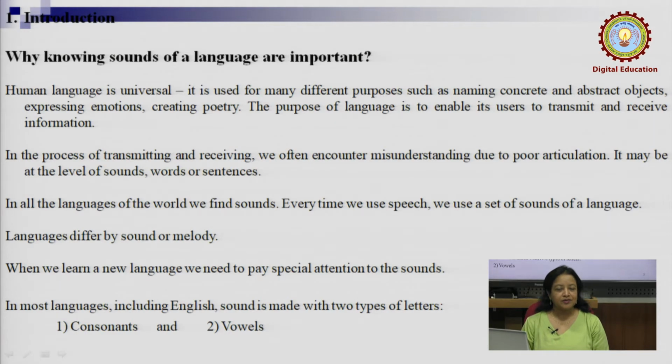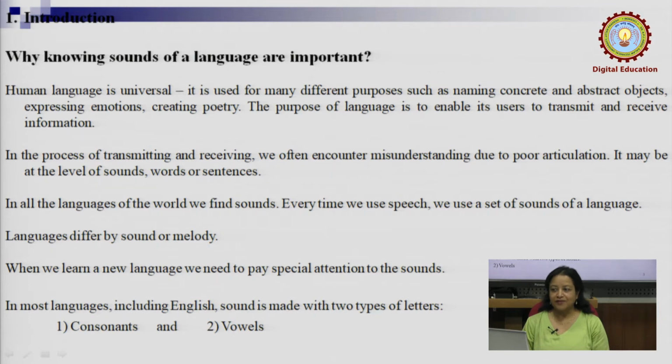Why knowing sounds of a language are important. Human language is first of all universal. It is used for many different purposes, naming concrete and abstract objects, expressing emotions, creating poetry and many more.